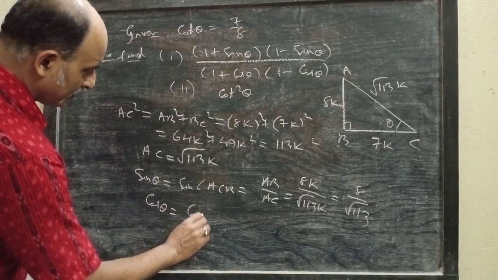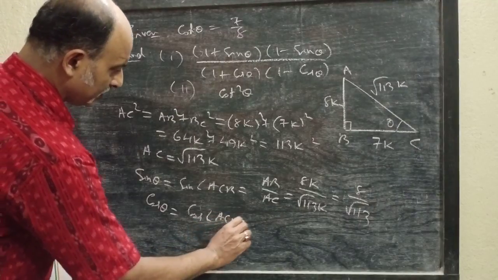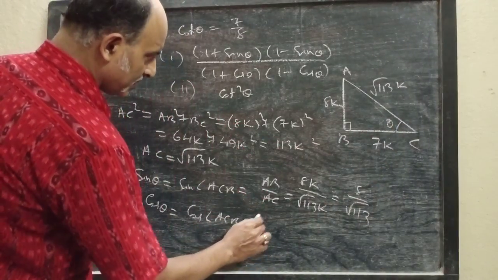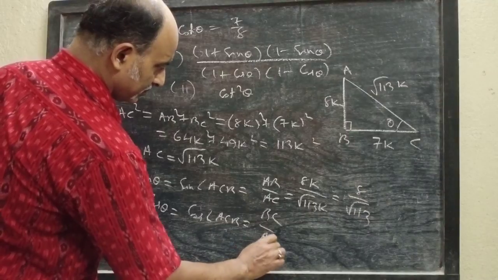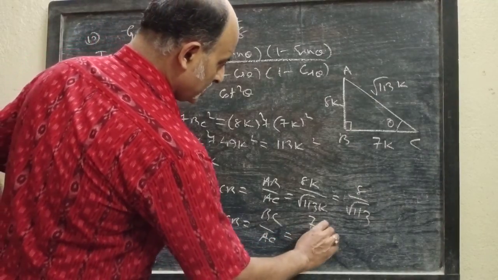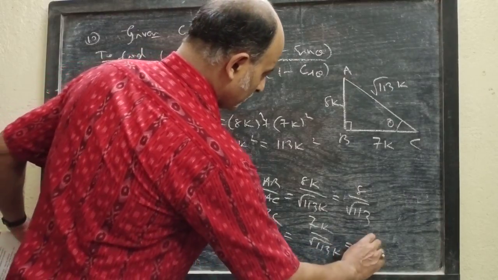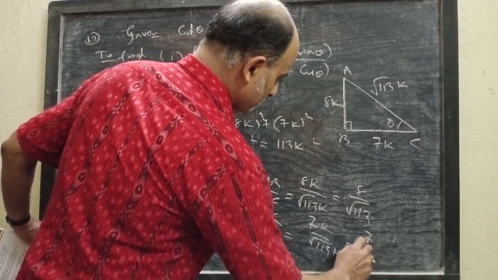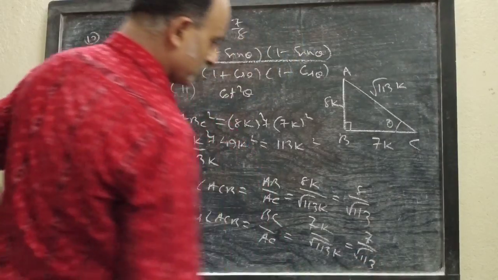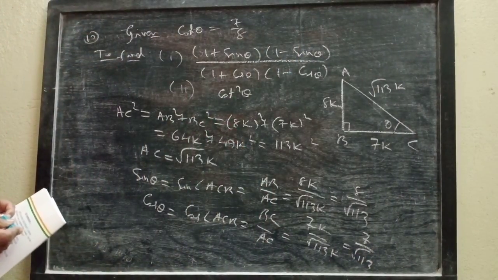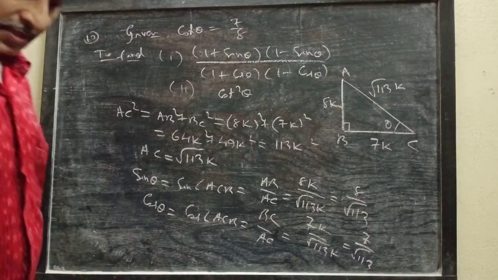Cos theta is cos of angle ACB. Cosine of this angle is BC by AC. Your BC is 7K, AC is root over 113K. So this ultimately becomes 7 by root over 113. So we get sin theta and cos theta.